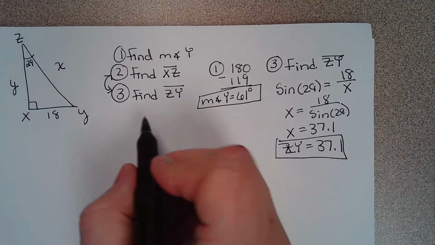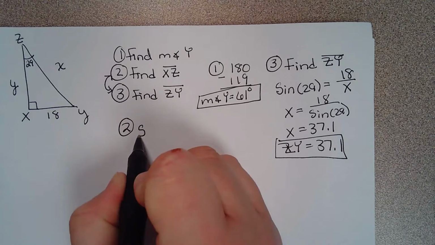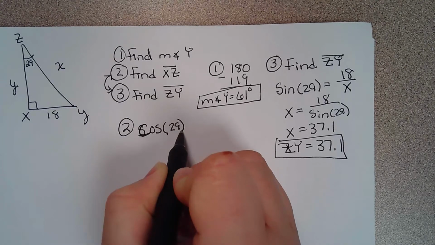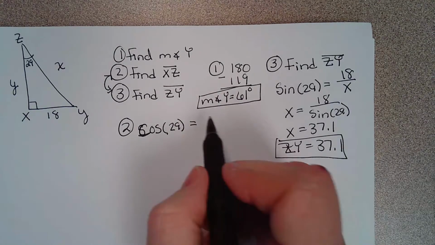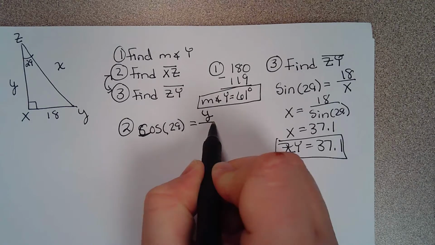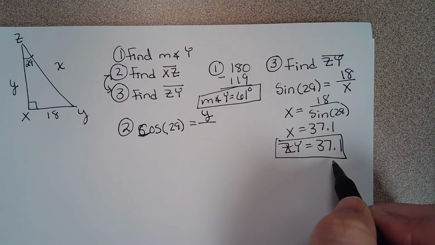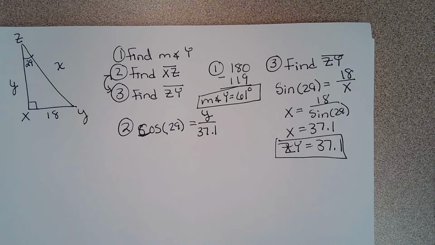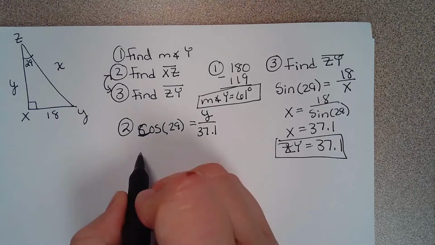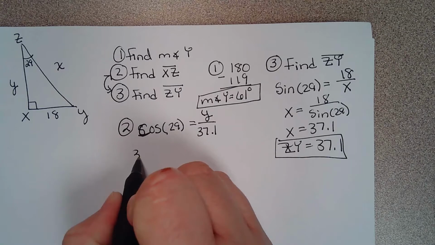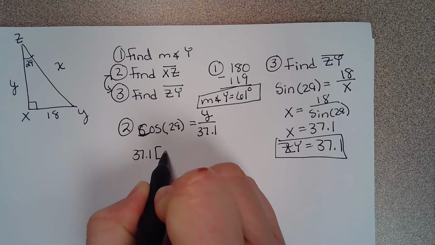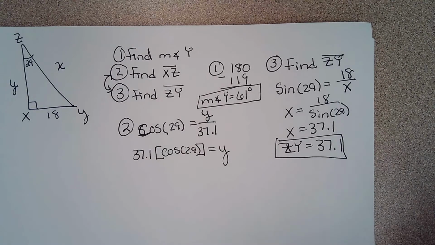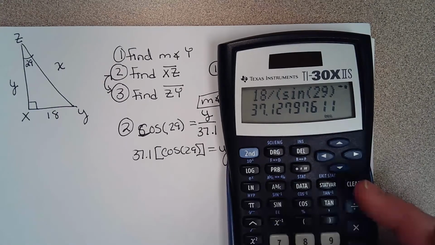Now, stage 2, we're going to use cosine. So cosine 29. And this time, we are missing the adjacent, but I just found the hypotenuse. So we're going to use the 37.1 as part of our calculation. Okay, so that means you're going to multiply. So 37.1 times cosine 29. And that right there is going to leave you y. So I'm going to put this over here, and we are going to put this in our calculator.